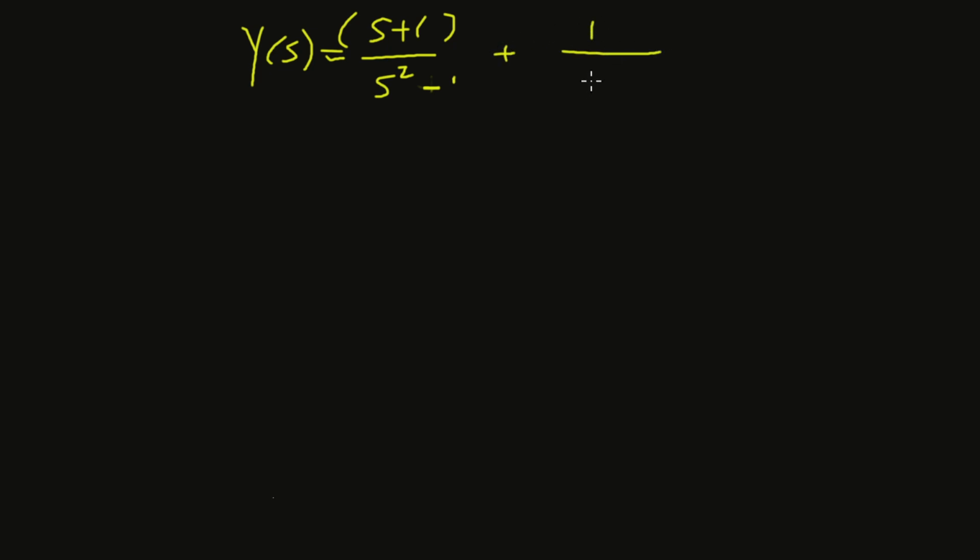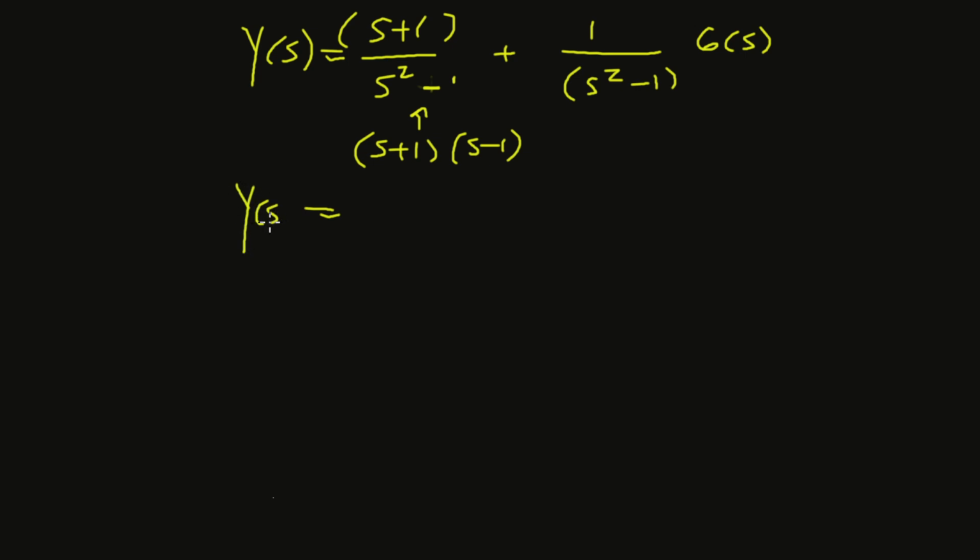and then divide the term of big G of S by S squared minus 1. Right, and the reason why is because this is S plus 1 and S minus 1. That simplifies this first one to be 1 over S plus 1, right?